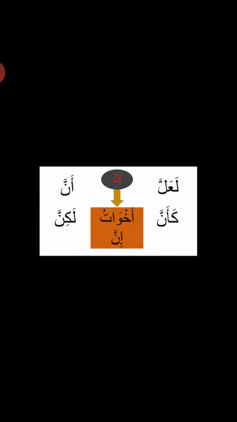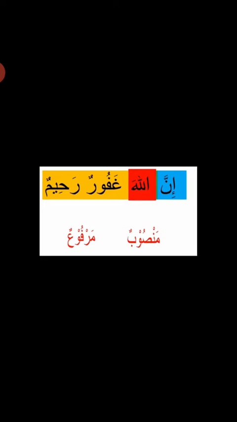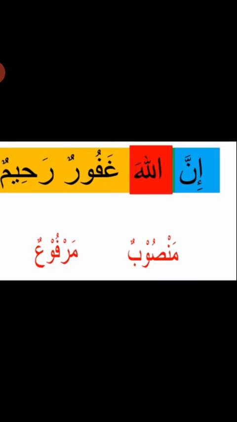Now if you add the inna before it, now look into this picture, it becomes inna allaha ghafurun rahimun. Allah, it was Allahu, it was marfu', it was having a dhamma.